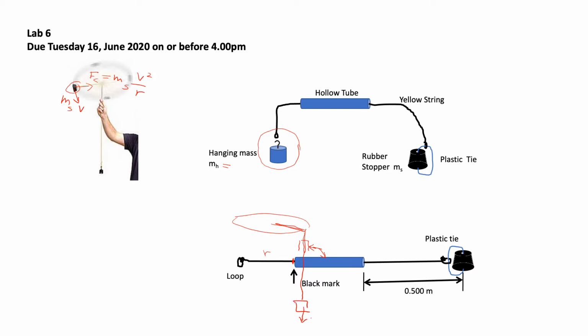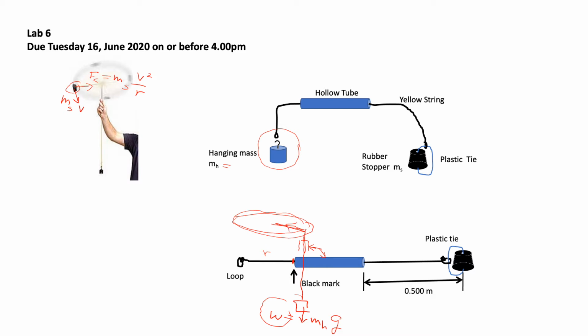We have a hanging mass, mh, and it has a weight force W, which is m times gravity. So we balance this weight. If you increase this weight by changing the hanging mass, we have to increase the centripetal force in order to balance.